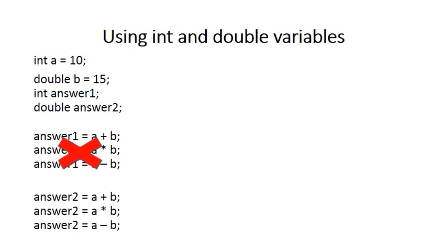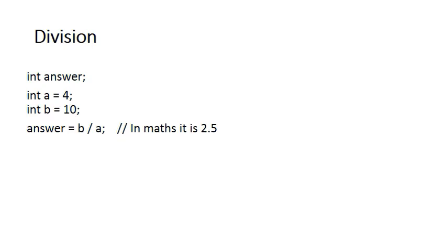So if we want to apply the plus, the multiplication and the minus on the variables a and b, where b is a double, we would need to use answer 2, because the variable answer 2 is a double. And that would be valid because we're now assigning the answers of the expressions on the right hand side to a double variable. The division, however, has some complication that you will always have to remember while you program.